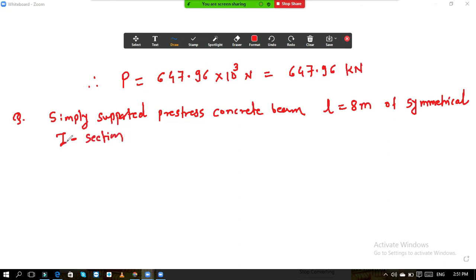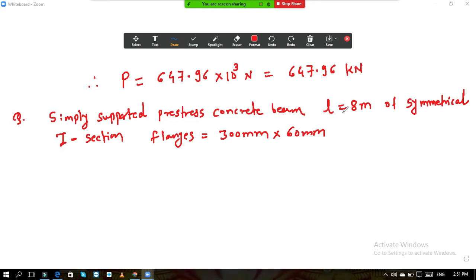Okay, each flange is 300 mm by 60 mm. What is the dimension of the flanges? So it is 300 mm by 60 mm. Web is 60 mm thick.